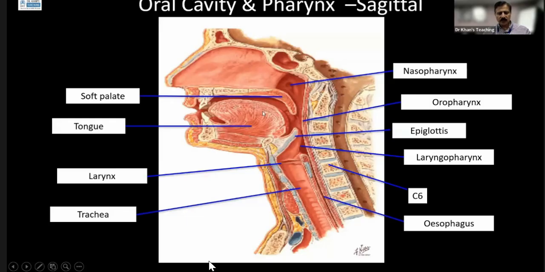This is the tongue, this is the hyoid bone, and somewhere here are the circumvallate papillae. This portion of the tongue, which is projecting posteriorly, is known as the tongue base. This is the tongue base, and this portion is part of the oropharynx.